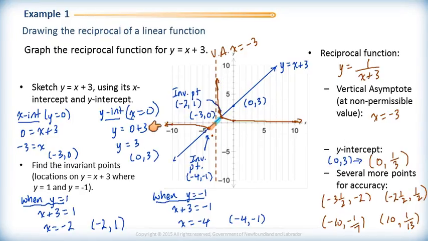We repeat the process over here, connecting the invariant point to this point back here. And now we'll sketch down here. Below the invariant point, connect the point that we have there. The graph takes off because we're getting large negative values for the reciprocals of these small negative y values here.